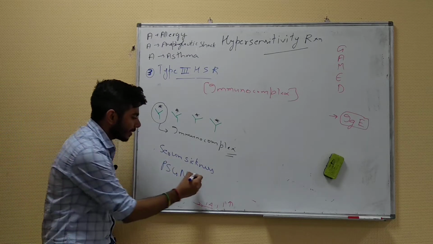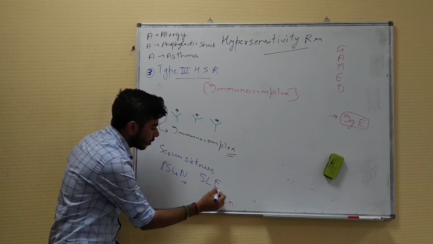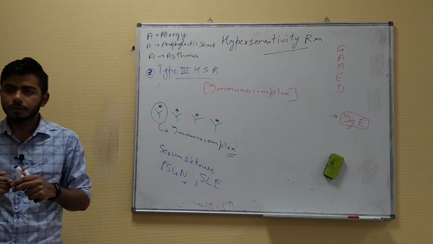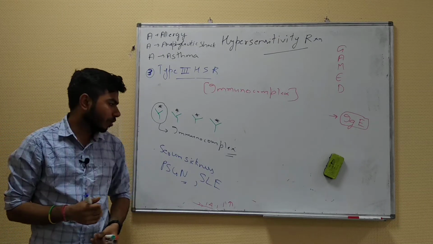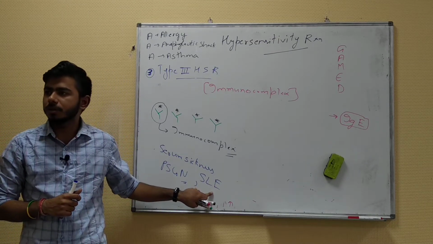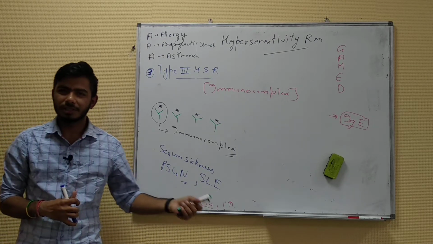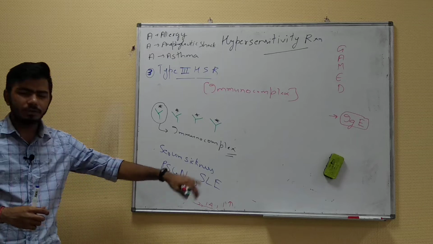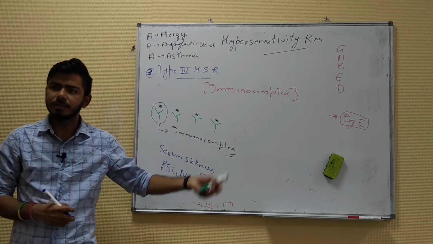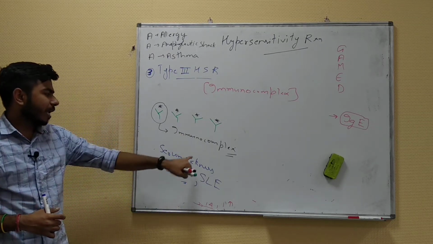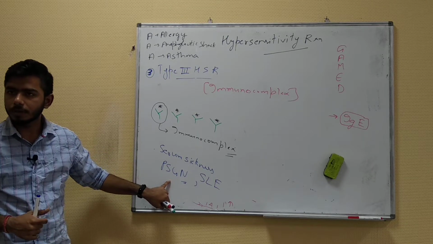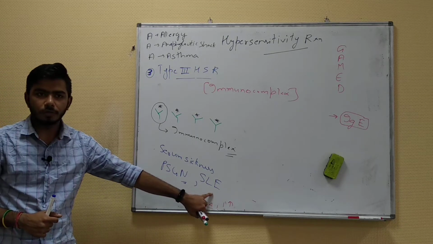And one of the examples is SLE, systemic lupus erythematosus. This is also an autoimmune disease. Anti-Smith antibody, anti-DNA antibodies, and all these things can be found. You will be studying this in your 4th course in internal medicine. So these are the examples: serum sickness, post-streptococcal glomerulonephritis, and systemic lupus erythematosus.